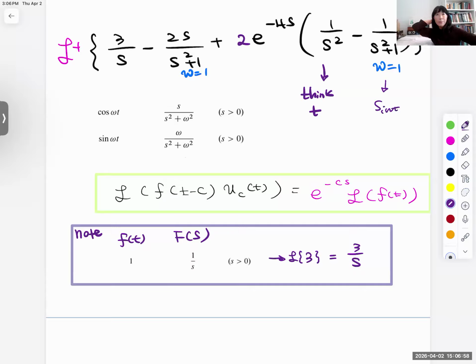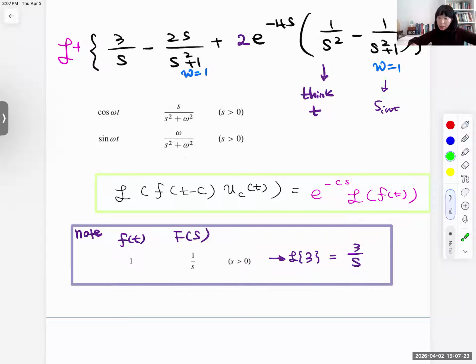Okay, now look. We know this is a 3. We know this is a cosine t. And we know this is sine t.